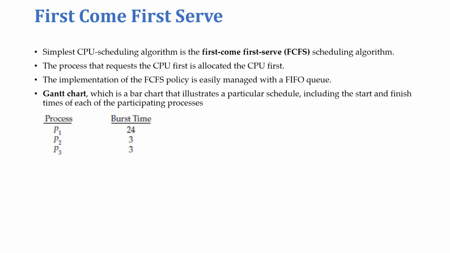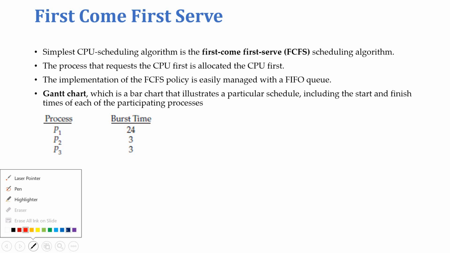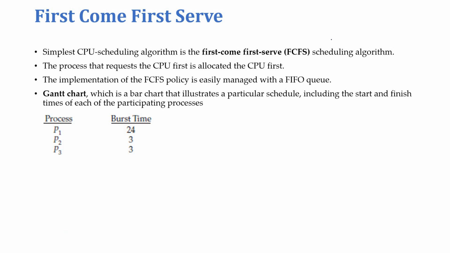For CPU scheduling algorithms, commonly these terms will be used: arrival time, burst time, completion time, and turnaround time.